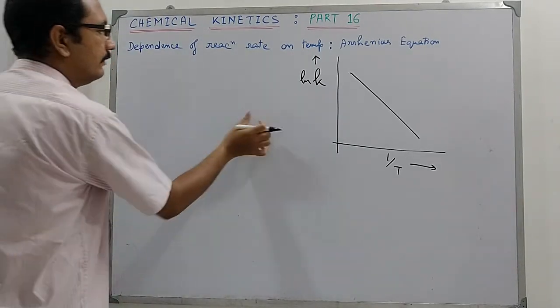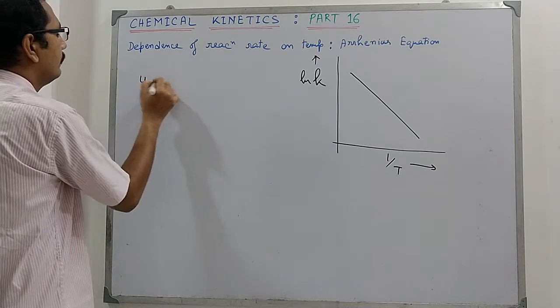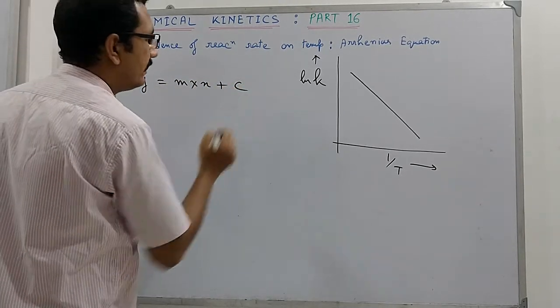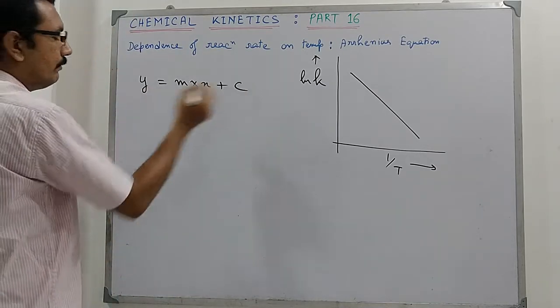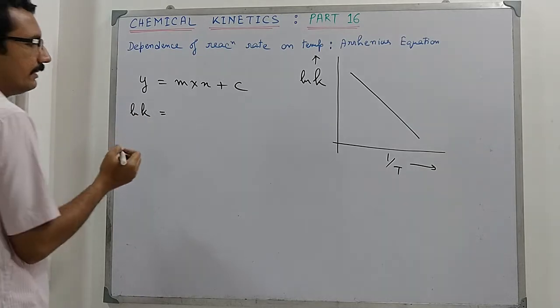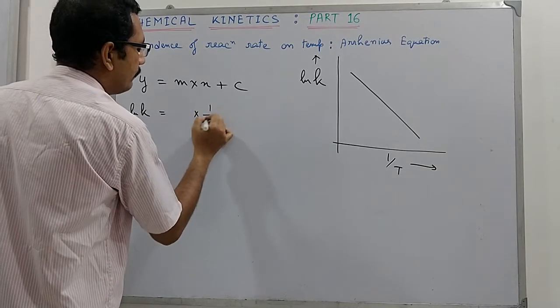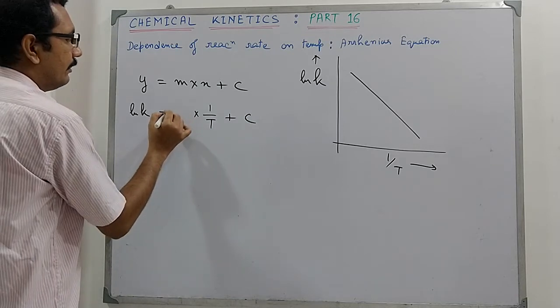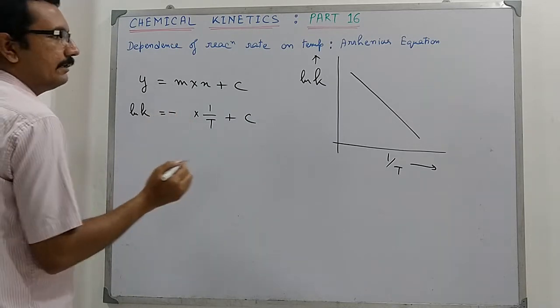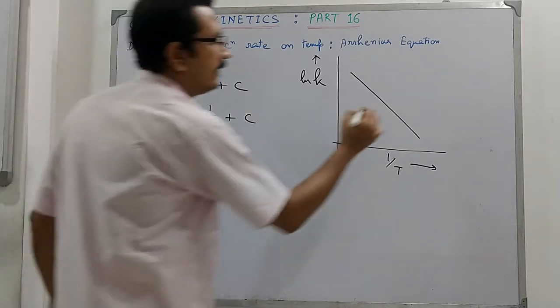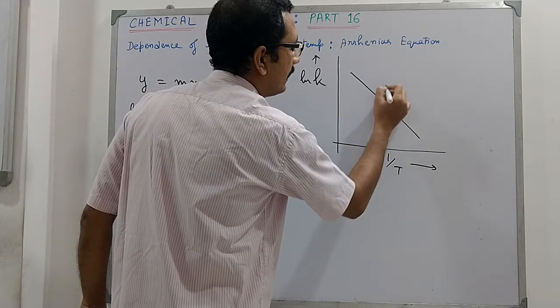He claimed the equation to be y equals mx plus c. This is an equation of a straight line. Now in y it should be log natural k, log natural of the rate constant, and in x it is 1 by T. Here is the intercept. Now here there will be a negative sign since this has a negative slope, since theta is greater than 90.